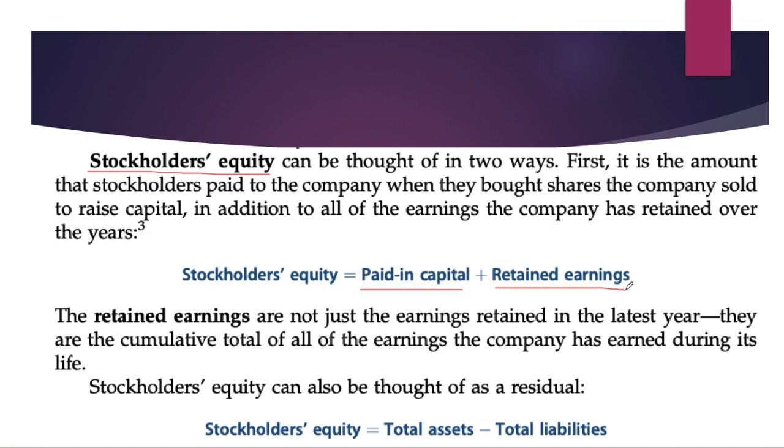And remember, the retained earnings are not just the earnings retained from the given year, but this is a cumulative total, all of the earnings the company has retained during its life. Therefore, the stockholders' equity is going to be the difference between the total assets minus total liabilities. And as we already explained, this is an accounting identity.